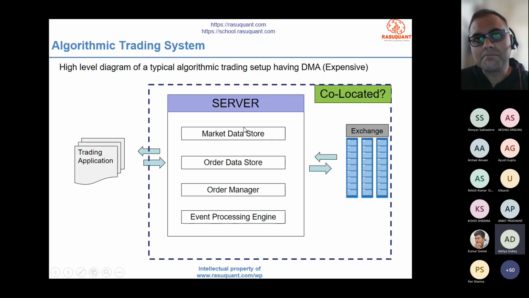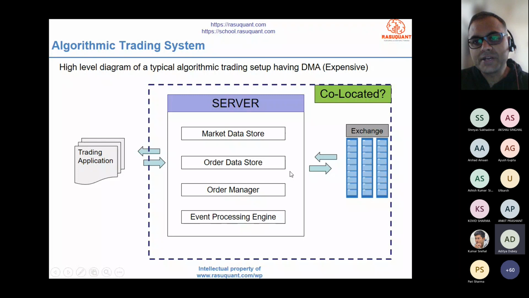Even when you are manually trading, like I just showed you, and you click on the buy order on that broker's website, you may be using any broker like Zerodha or Kotak or Angel One. What the broker would do is route your order to the exchange.